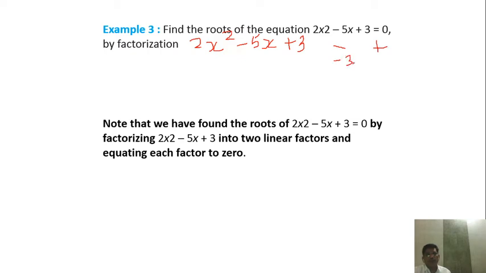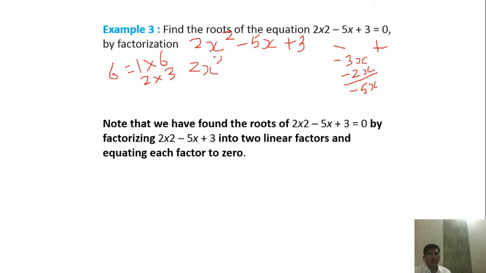So minus 3x and minus 2x, that gives minus 5x. And if I multiply minus 2 into minus 3, that is 6. The factors of 6 are 1 into 6 and 2 into 3. So when the middle term is minus and the last term is plus, both factors would be minus.